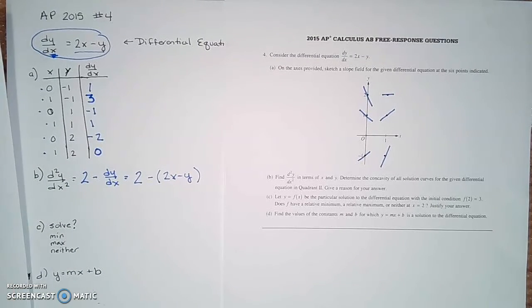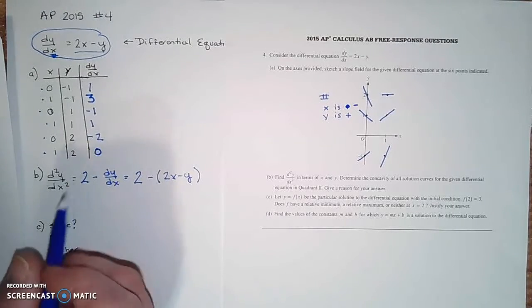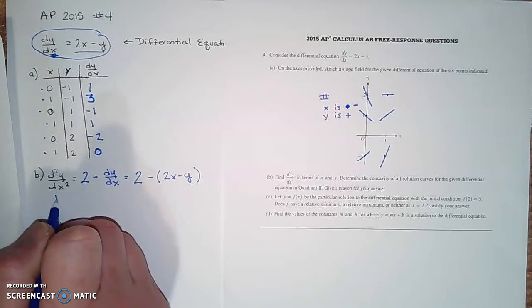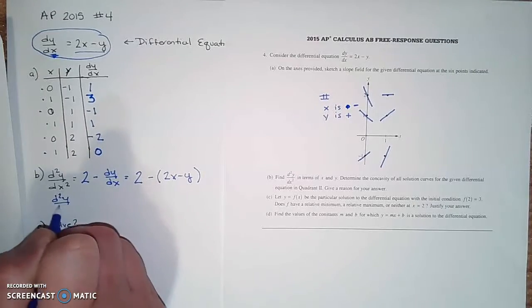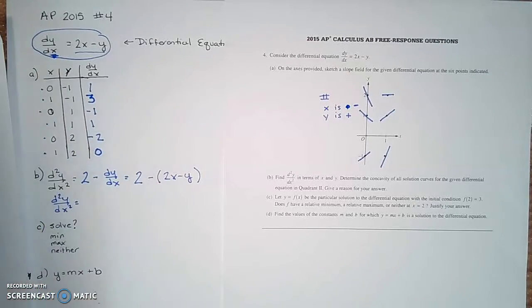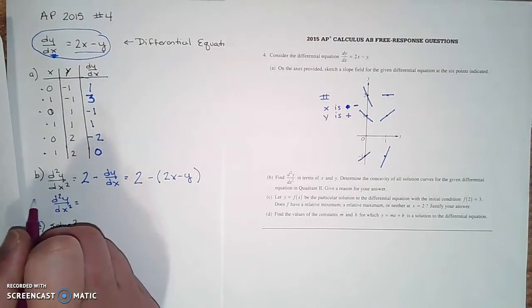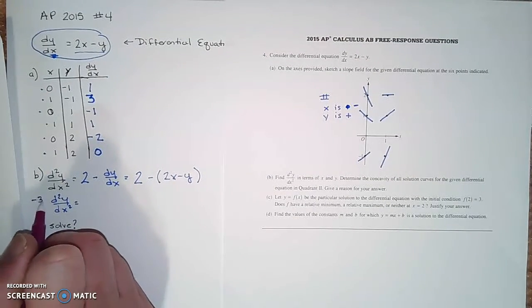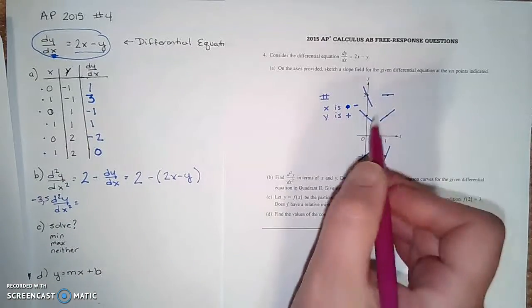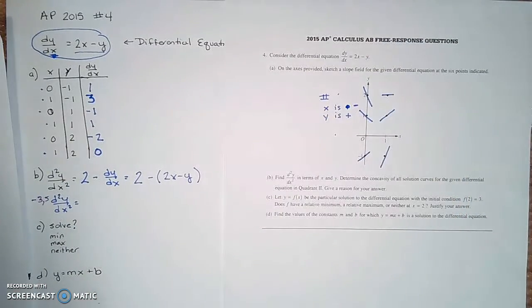That's not in quadrant 2. So to check concavity in quadrant 2, concavity is always based on the second derivative. I'm going to pick a point in quadrant 2. So I'm going to pick the point negative 3, 5, because negative 3, 5 would be in that quadrant there.